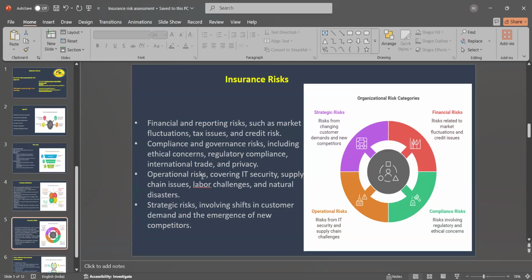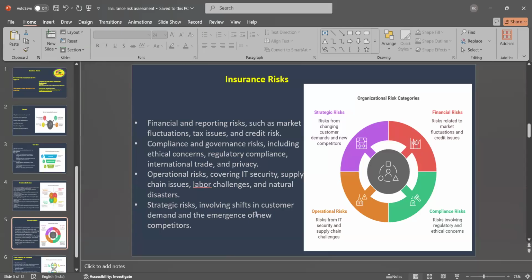Sometimes natural disasters happen, like a tsunami that came in the past. At that time labor challenges happen, because when we get offline claims or policies, if we don't have the labor at the time of a natural disaster, we lose the customer.